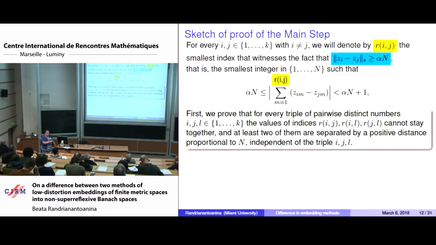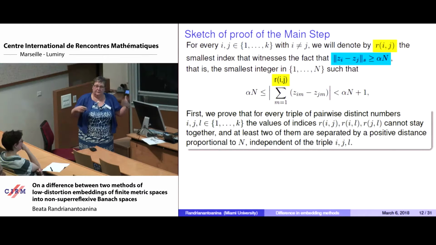Because the whole point of this computation is that we don't restrict the number of coordinates onto which we put it. This n can be arbitrarily large. The bound k of alpha doesn't depend on n. So this will be the first thing we prove, that those numbers defined here are separated.